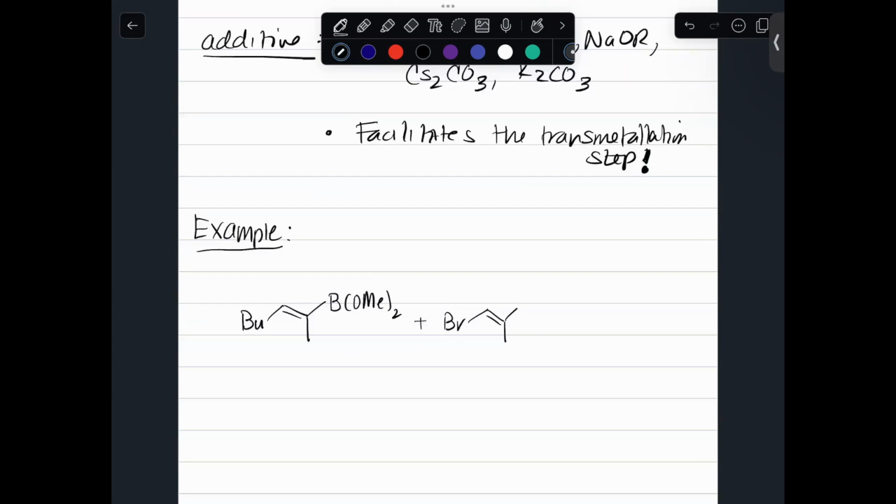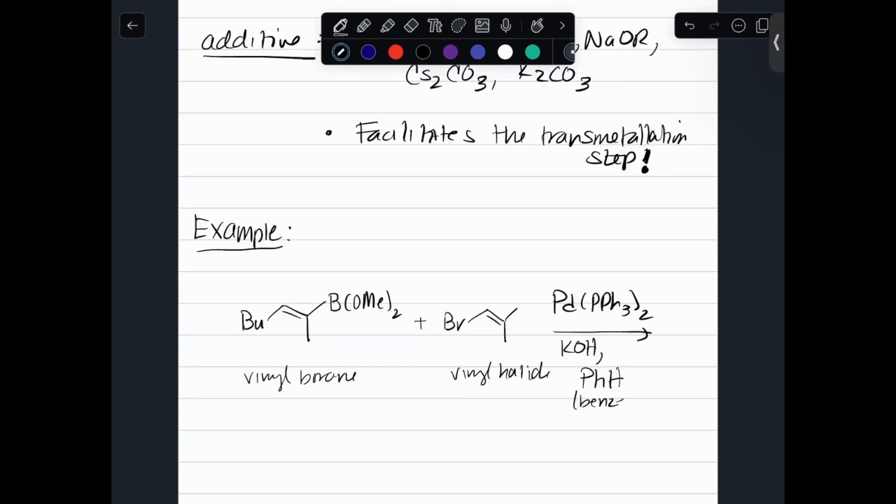So we've got our vinyl boron and our vinyl halide, palladium catalyst, in the presence of base and benzene. So for benzene, I'm just going to say phenyl with a hydrogen.